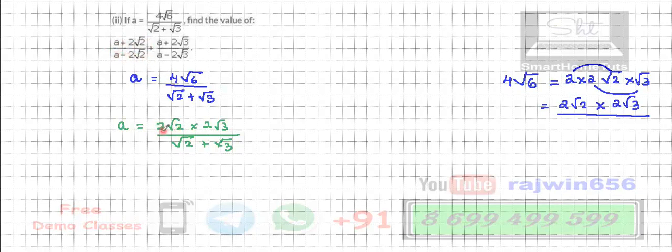So therefore I'm going to bring this part down over here. So that is my next step. So this is going to be a upon, first I'm bringing this 2 root 2 down. This is equal to, what is going to remain over here is 2 root 3 upon root 2 plus root 3.